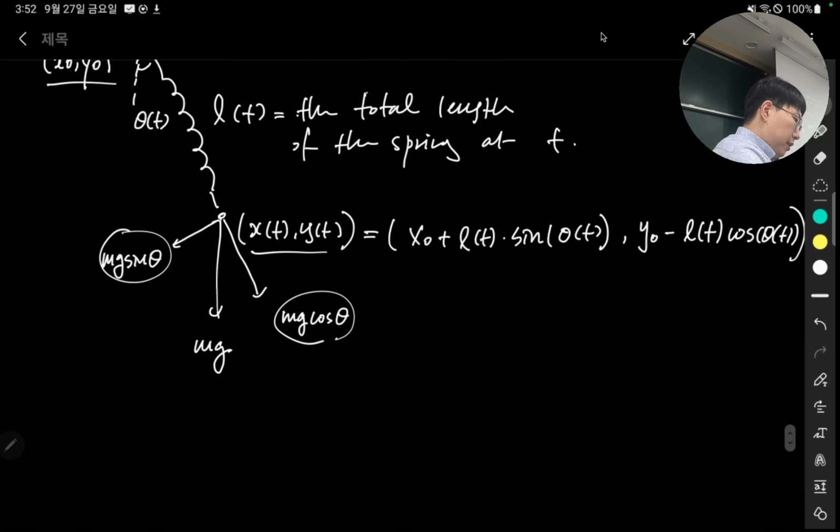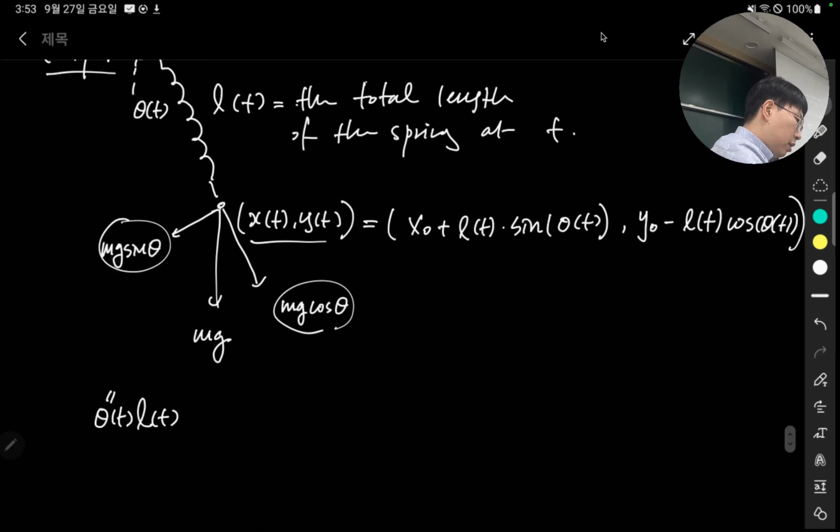For the pendulum, I just need L(t) theta double prime(t). That's the acceleration of the object moving on the pendulum in this direction.